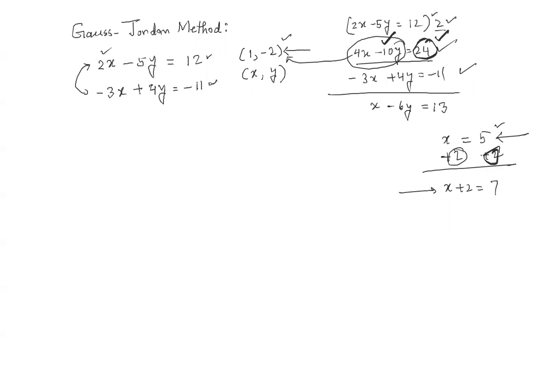So this is the second equation, right? To this equation, I added this to the left and 24 to the right. This I added to the left, 4x minus 10y, which is also equal to 24. That's what this equation says, which I added to the right to get this new equation.